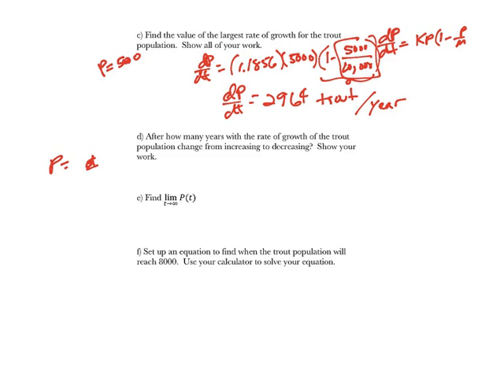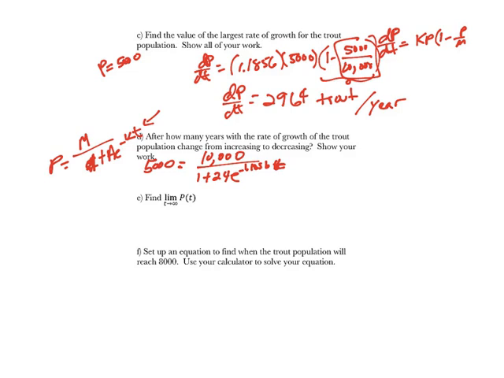So population is M over 1 plus Ae to the negative Kt, and we want to solve for t. So again, we know that this is 5,000 when that's happening, equals 10,000 over 1 plus, we found A to be 24, and we found K to be negative 1.1856 t. So I have to solve for t.